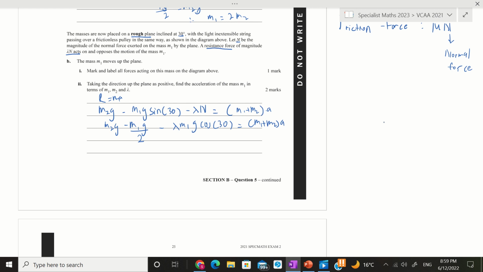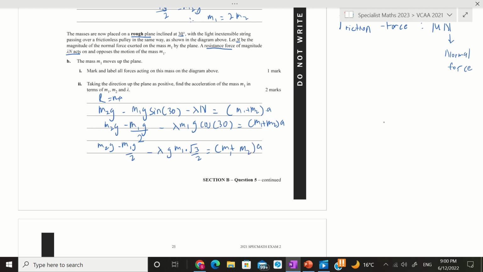Well, I guess at this point you can put it in your CAS, and you don't have to really try and simplify everything, but we can keep going with this anyway. So we get m2g minus m1g on 2 minus delta times g times m1 cosine 30, which is root 3 on 2, is equal to m1 plus m2 times a.